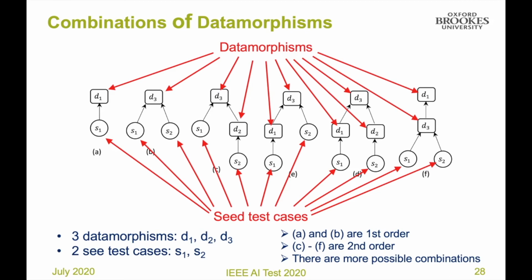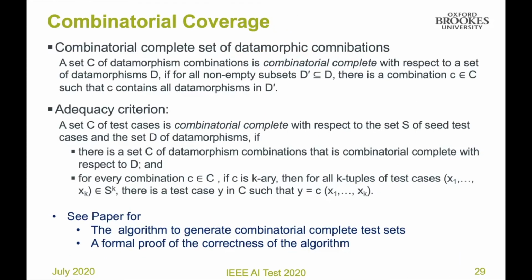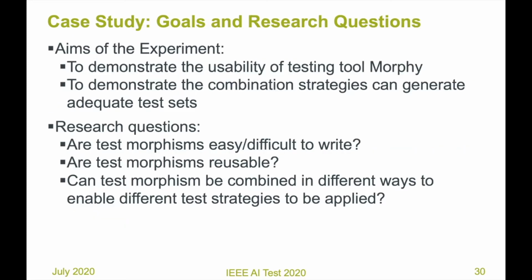This illustrates the concept of combinations of datamorphisms, and we can further define the combinatorial coverage of mutant test cases. We ignore the details in this presentation. The audience are referred to the paper for the details.